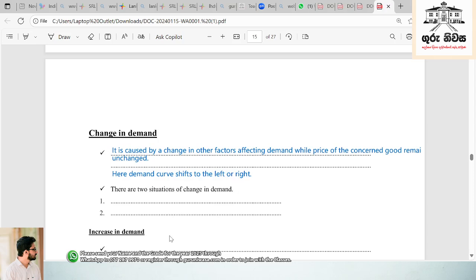Next point, there are two situations of change in demand. First one, write down: increase in demand, not increase in quantity demanded, increase in demand. Second one, decrease in demand.